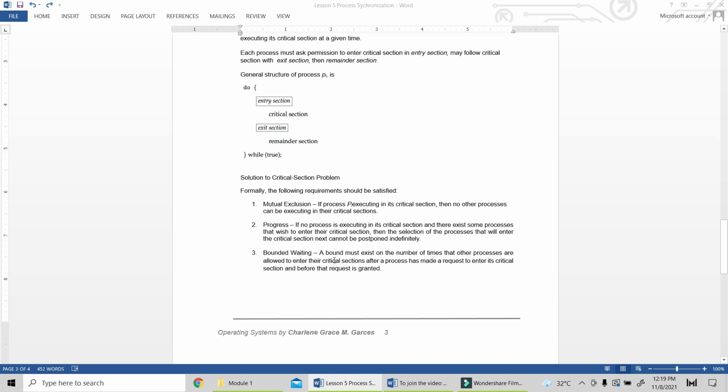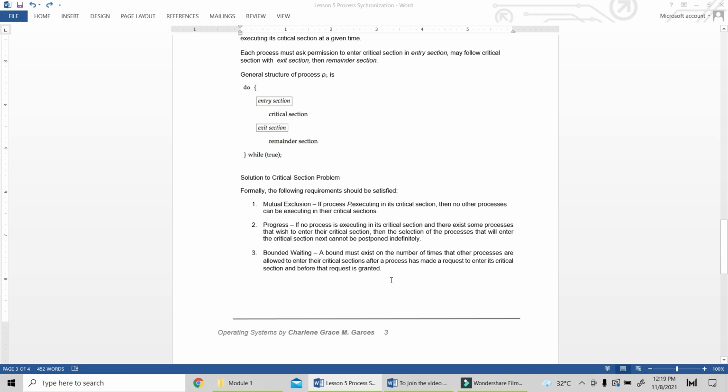Now, how about the bounded waiting? In bounded waiting, a bound must exist on the number of times that other processes are allowed to enter their critical sections after a process has made a request to enter its critical section and that request is granted.